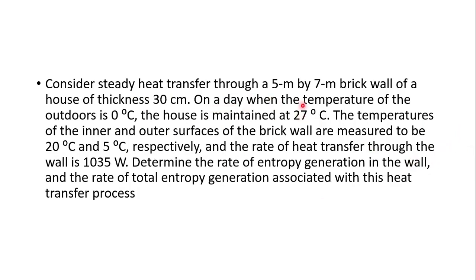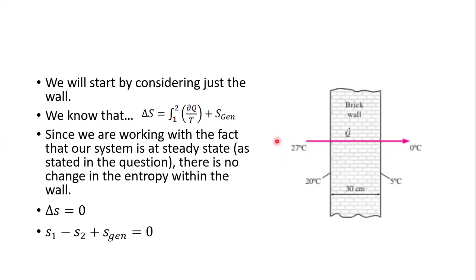The temperature of the outdoors rather is supposed to be 27, and then the indoor was supposed to be 0. Sorry, there was a switch there. So outdoors is 27 and indoors is 0, right? So we see that there's a temperature gradient, 27 to 20 to 5 to 0.